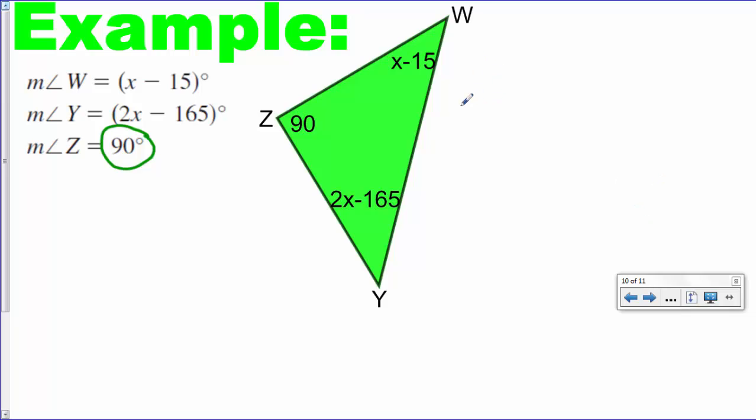The simplest way is we know that all 3 angles equal 180, so take x minus 15 plus 2x minus 165 plus the 90 equals 180.